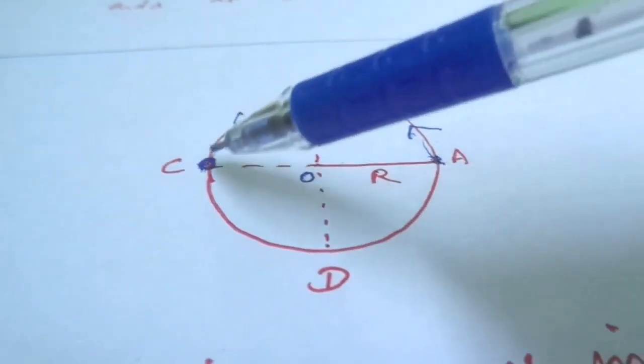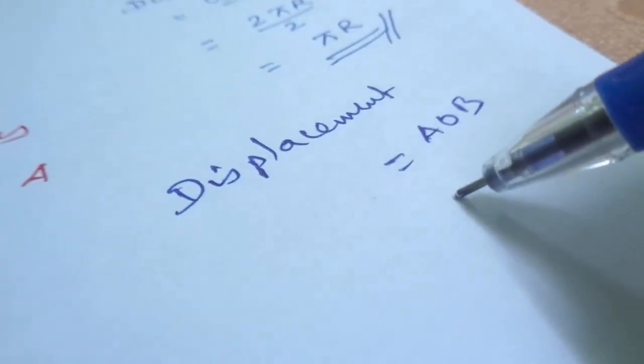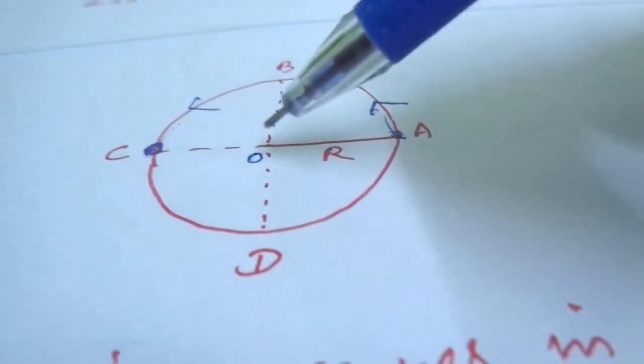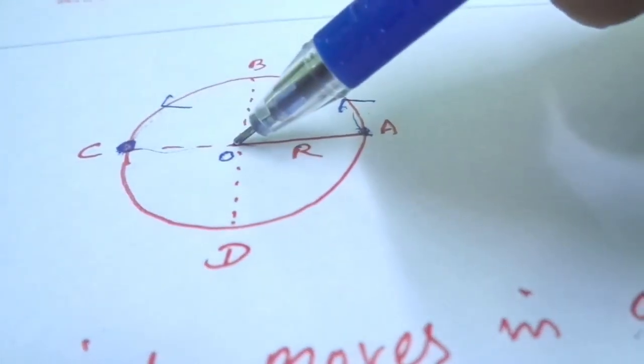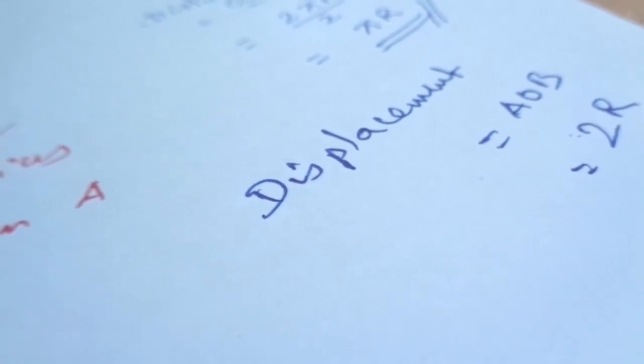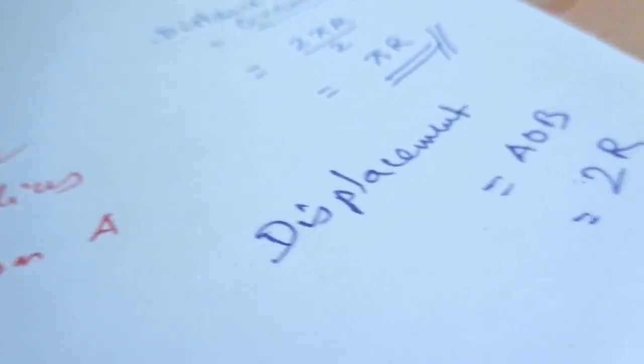What's the AOB? It is the diameter of the circle. This is R, this is R, that is 2R. Here 2R is the diameter of the circle.